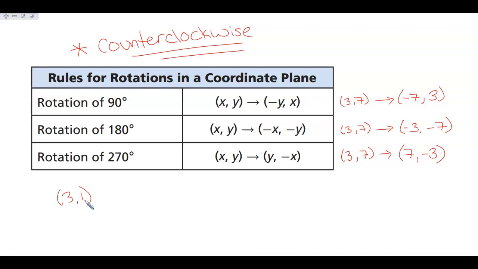If you take the point 3, 1, graph it on just a scratch piece of paper, you can turn your paper 90 degrees counterclockwise to see where that point should end up. So if we graphed the point 3, 7, when we turn the paper, we can see that 3, 7 moves to -7, 3. If I were to rotate it another 90 degrees so that it's a total of 180, you can see it move.